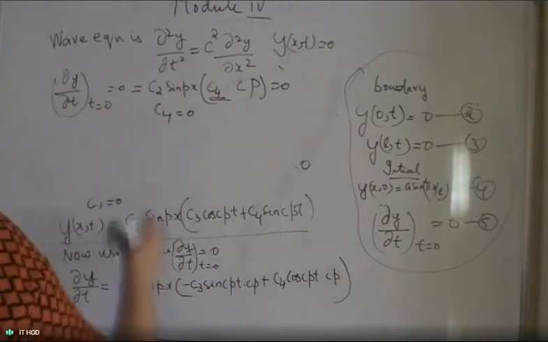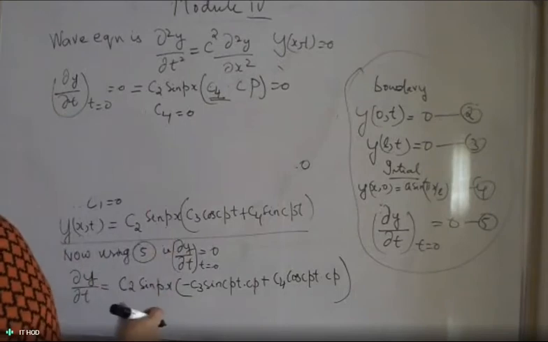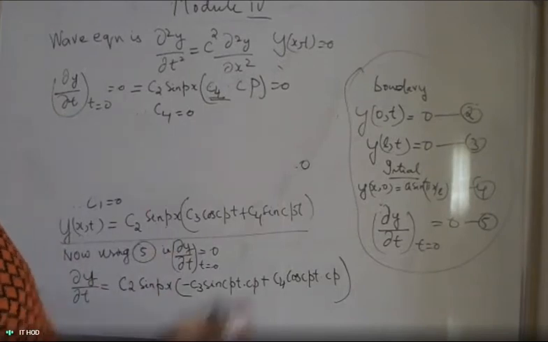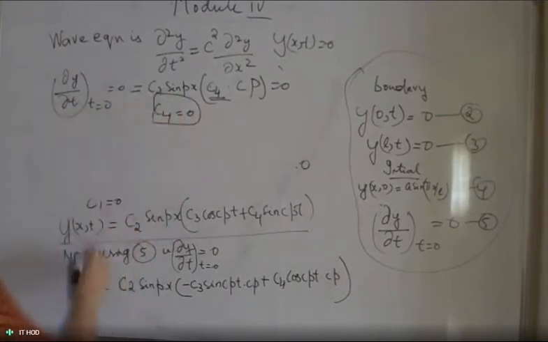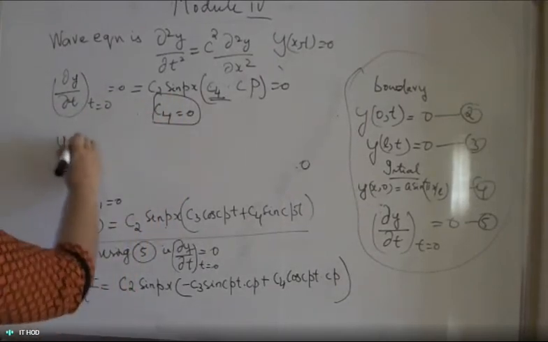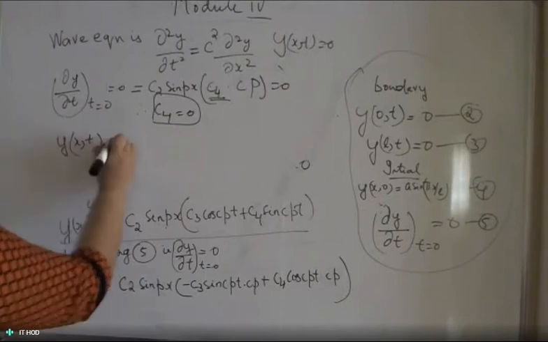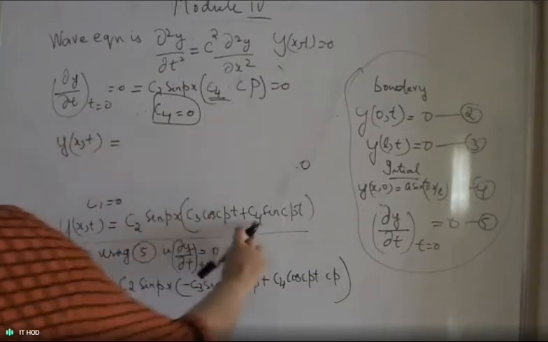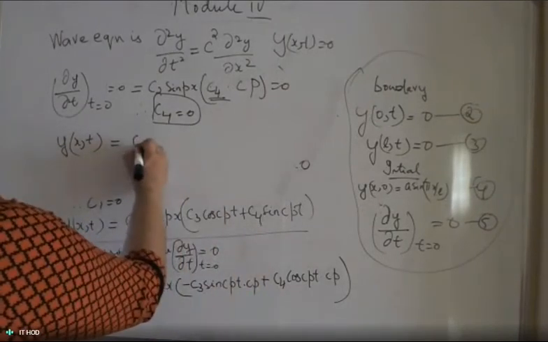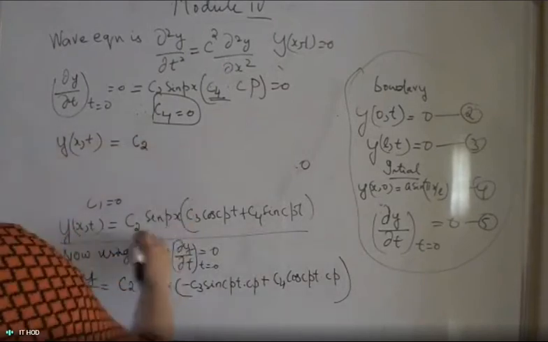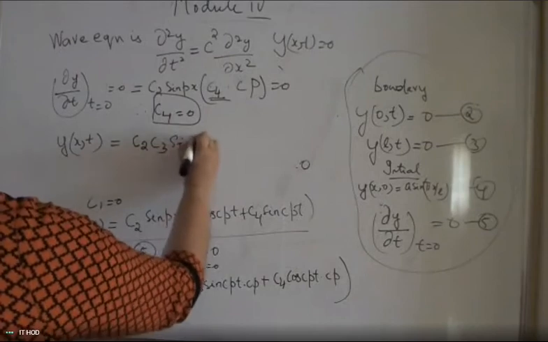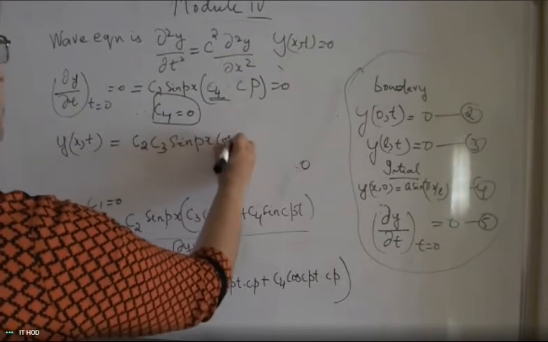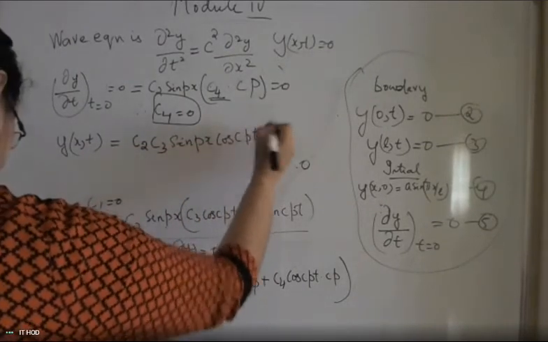Like this, you have to find each constant value and rewrite this y(x,t). Now, once you got the C4, I'm going to rewrite the y(x,t). So y(x,t) is equal to, how can you write that? C4 is 0 means you will get it as C2 C3 sin px cos cpt.